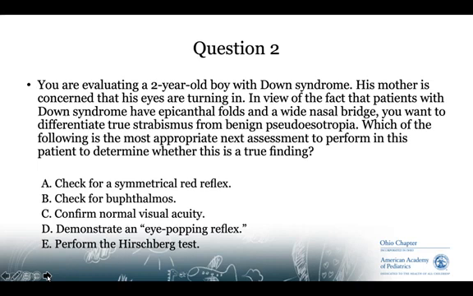Which of the following is the most appropriate next assessment to perform in this patient to determine whether this is a true finding? Would you A, check for a symmetrical red reflex, B, check for ophthalmos, C, confirm normal visual acuity, D, demonstrate an eye-popping reflex, or E, perform the Hirschberg test?